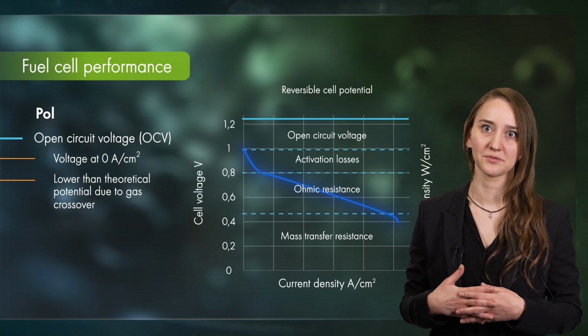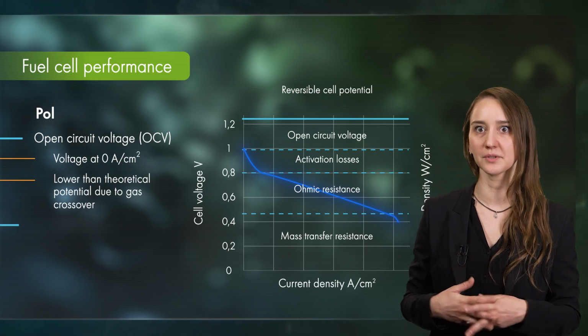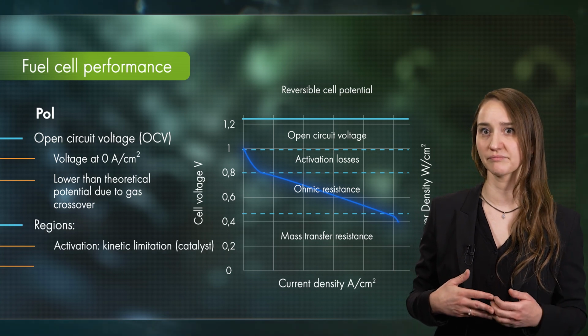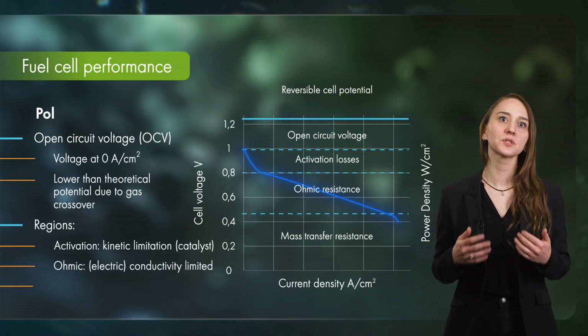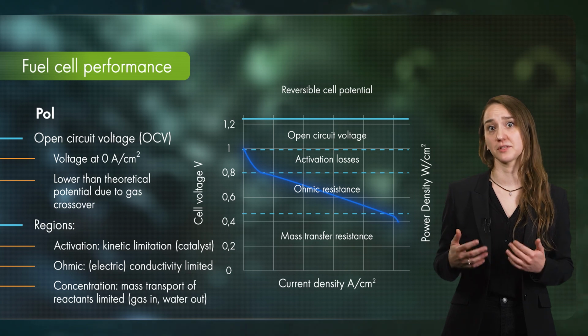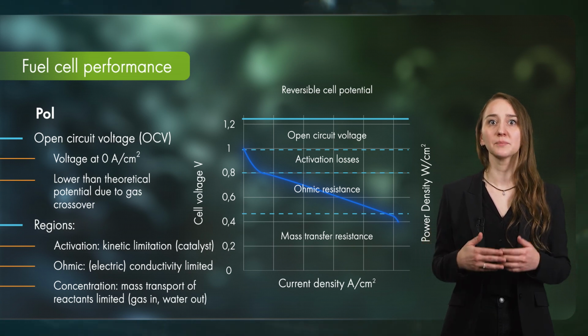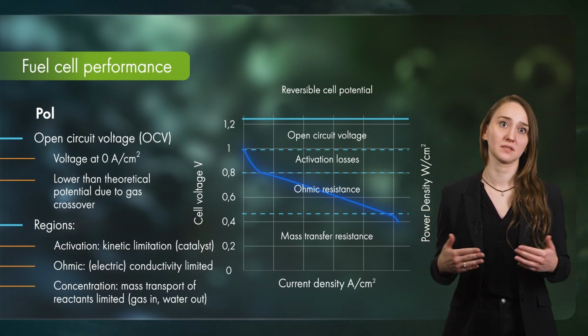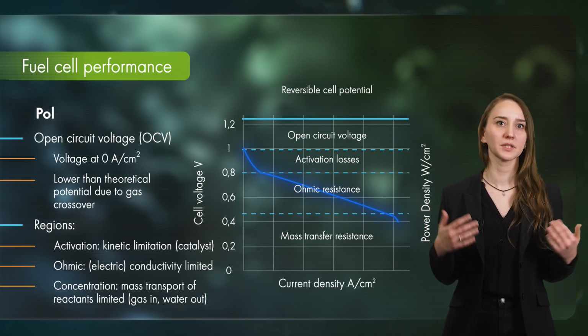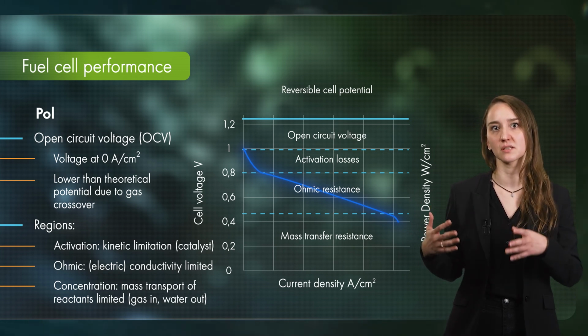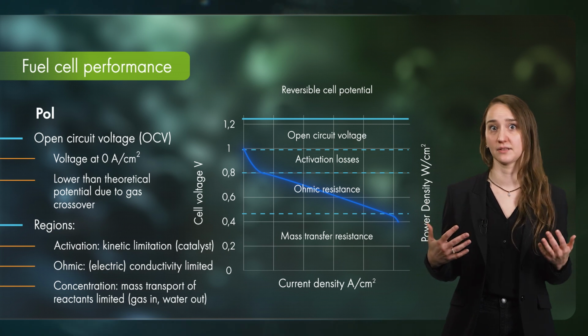The initial activation region is followed by a linear region in which the drop of voltage is directly correlated to the current density. You should notice that this region looks like the simplified graph we have seen before. This dependency is following Ohm's law. The steepness here is defined by the ohmic resistances in the fuel cell. We normally assume that ohmic resistances and electric resistances, so the resistance towards conducting current, are identical.